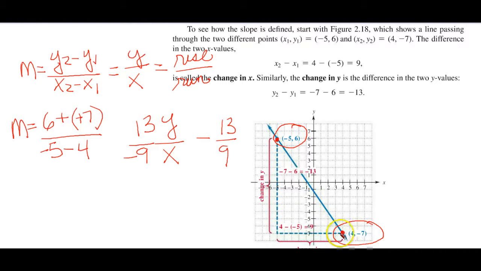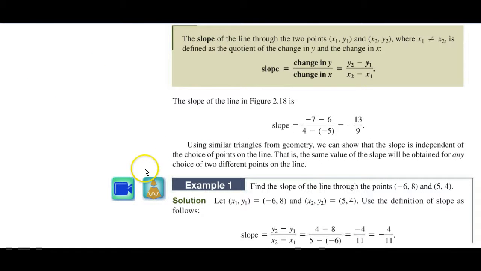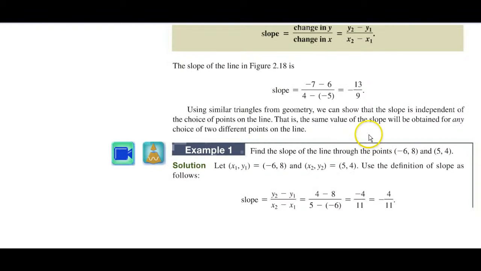Or as I started here, negative, positive. When it starts high on the left, and as you go to the right goes down, this is negative slope. And you'll be practicing that. So there is the slope formula. And there is the example we did.